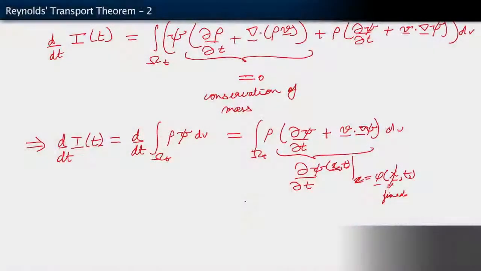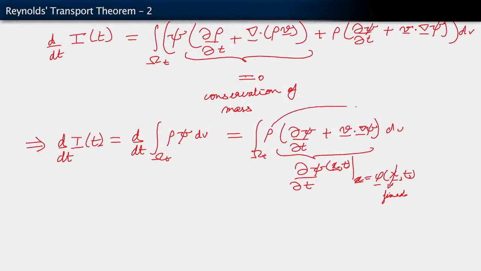It can be further simplified when we observe that the product of rho with dv gives us a mass element.